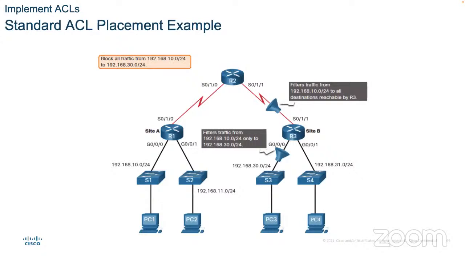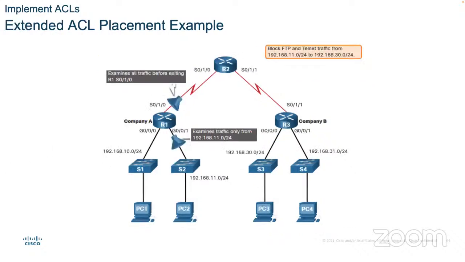Following a guideline for ACL placement, your standard one should be located as close to the destination as possible. Like I said, your extended ACLs, you want to put them as close to the source, preventing unwanted traffic to be sent across multiple networks, only to be denied when it reaches the destination.